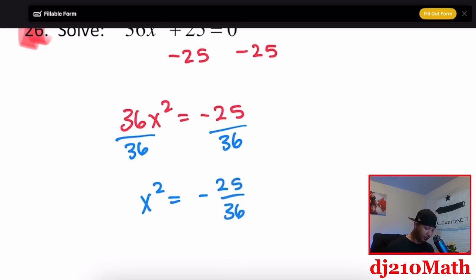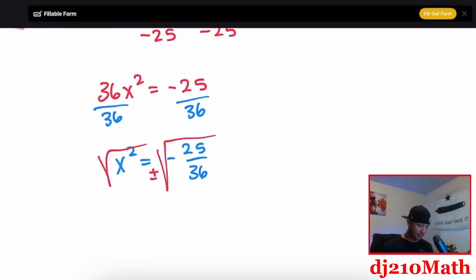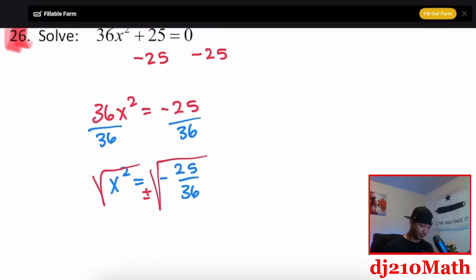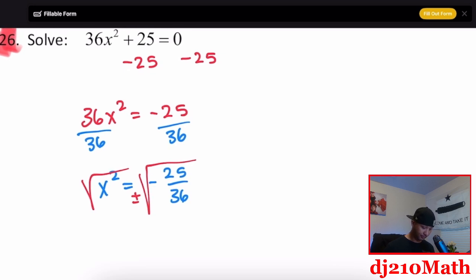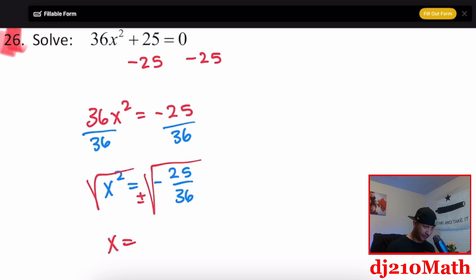So now, solving for x, we take a square root. You always have to put plus or minus. We get x is equal to plus or minus. So check it out. The negative comes out every time as i.